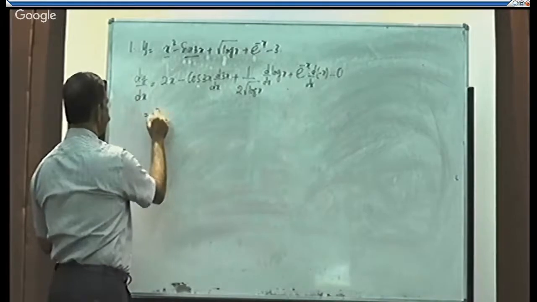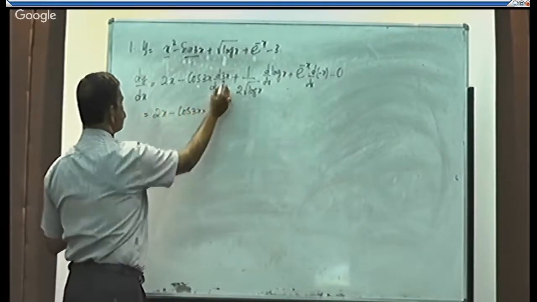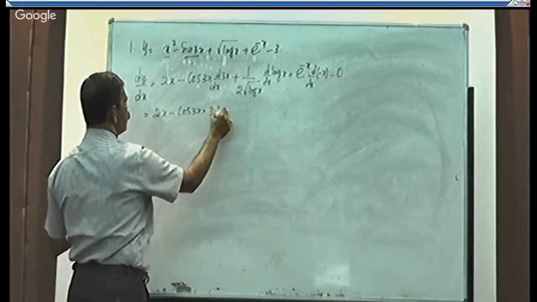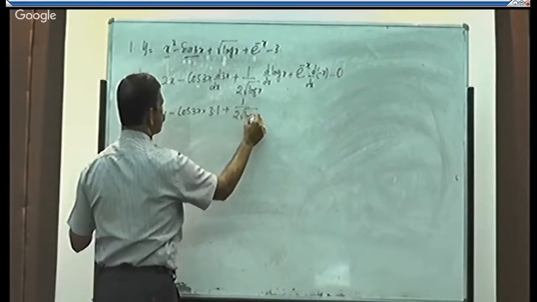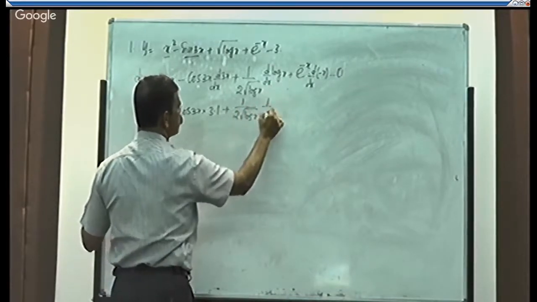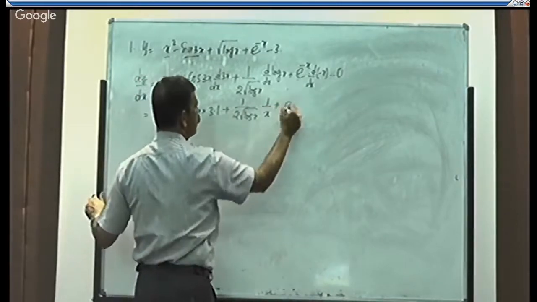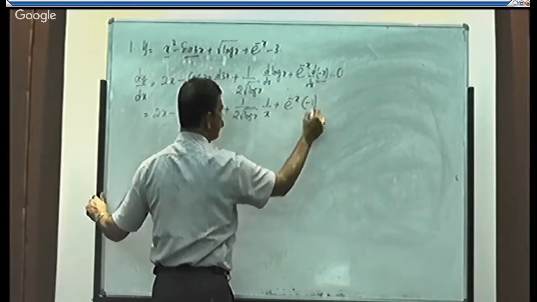That is 2x minus cos 3x into differentiation of 3x is 3, into 1 plus 1 by 2 root of log x. Differentiate the log x. It is what? 1 by x plus keep e power minus x as it is. Differentiation of minus x is minus 1.